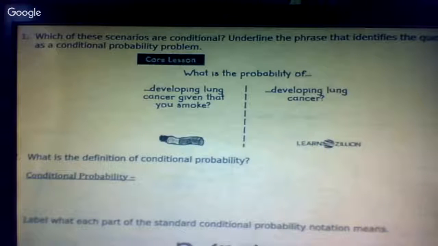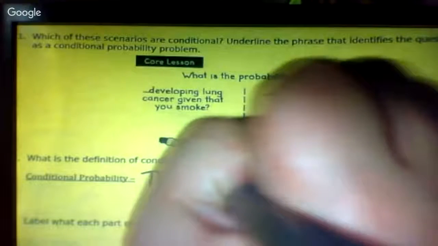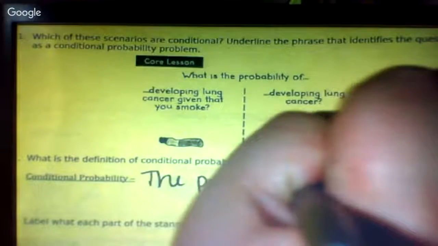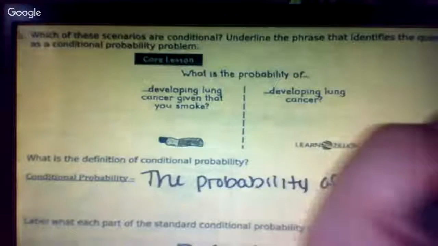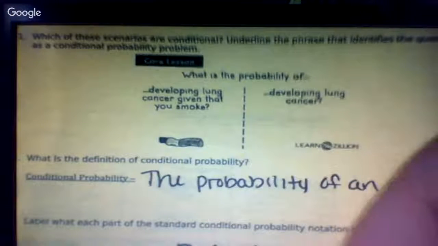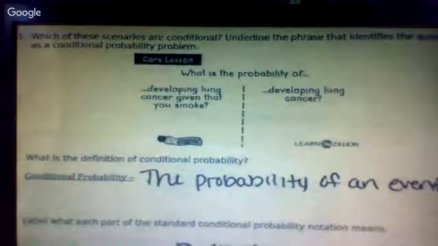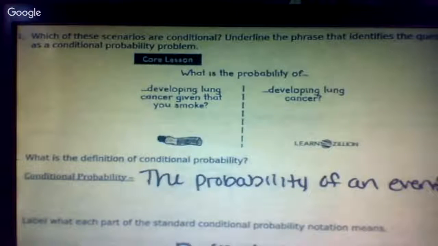So, your conditional probability definition. I want to make sure I have the whole formal definition. The probability of an event B, and they're going to call it B because it was B first. Okay, B first. My bad.